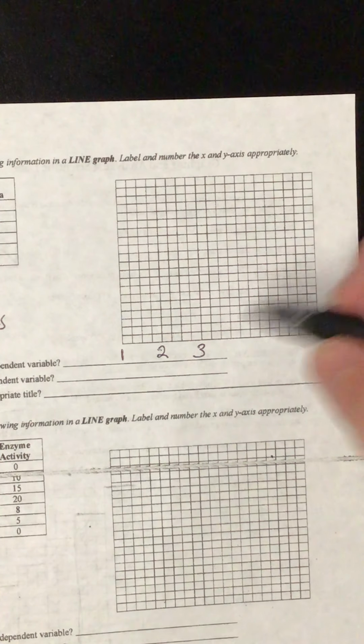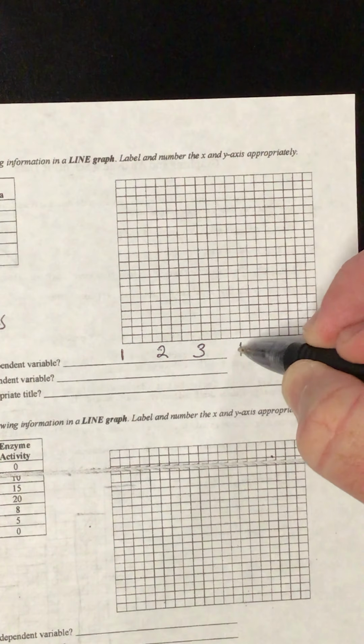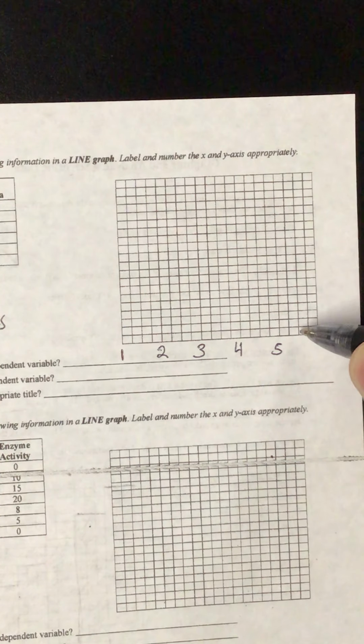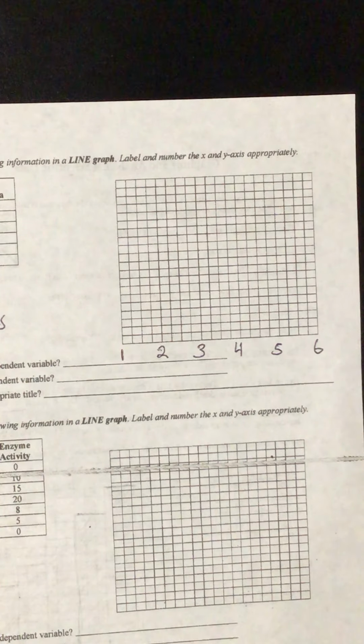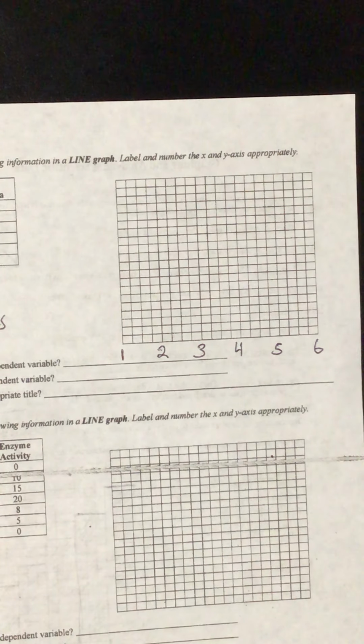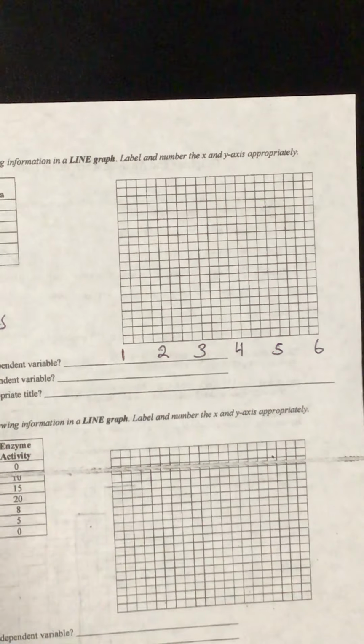At this point, we can just count. 3, 4, 5, and now we have 1 through 6, all the way to the ends of our axes. Nicely, and remember we said evenly spaced.